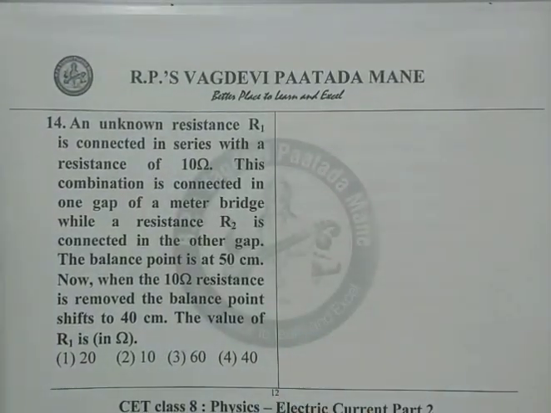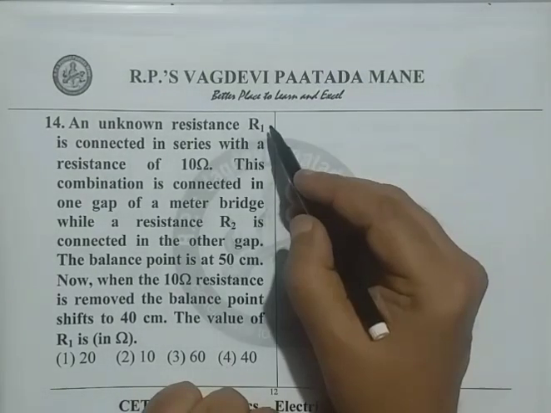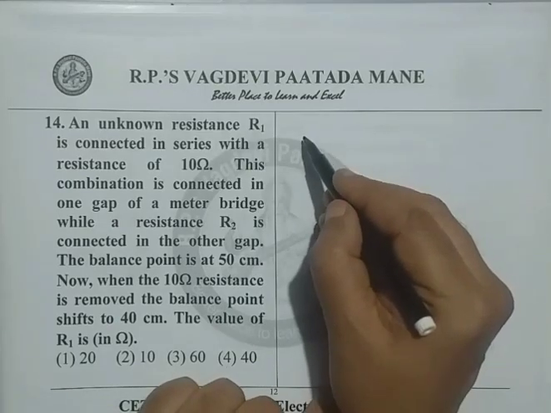14th question we read. An unknown resistance R1 is connected in series with a resistance of 10 ohm. This combination is connected in one gap of the meter bridge, while resistance R2 is connected in the other gap. The balance point is 50 centimeter. Now when the resistance 10 ohm is removed, the balance point shifts to 40. The value of R1? Say we write the circuit, we imagine R1 is in the left gap.